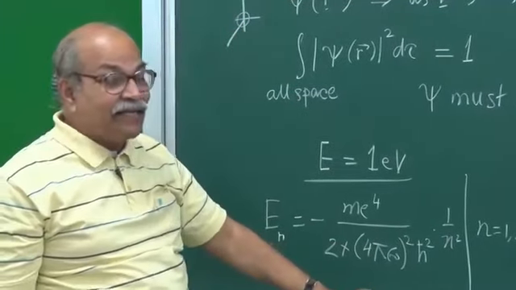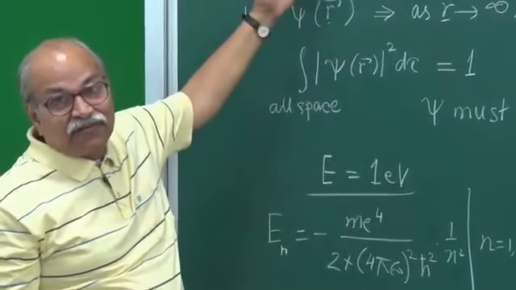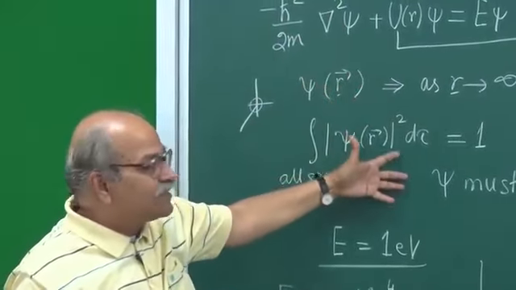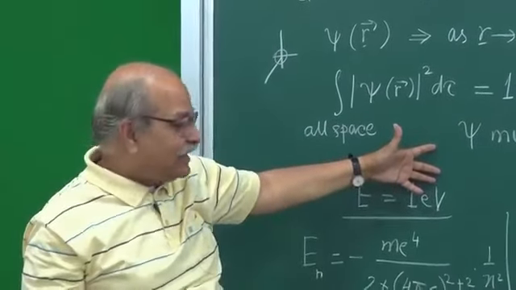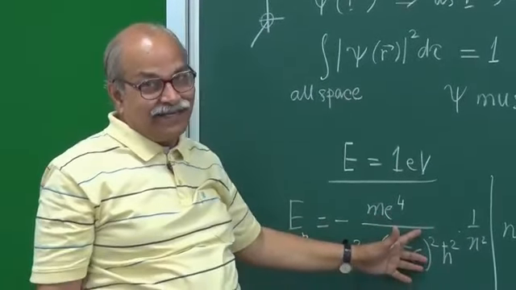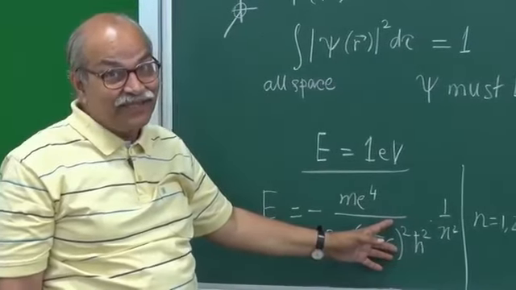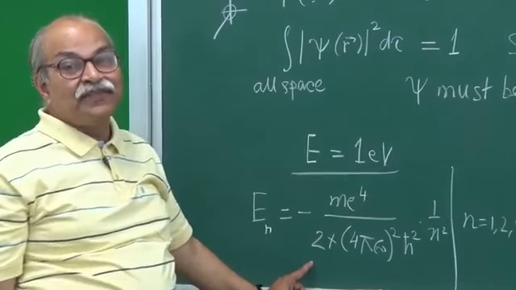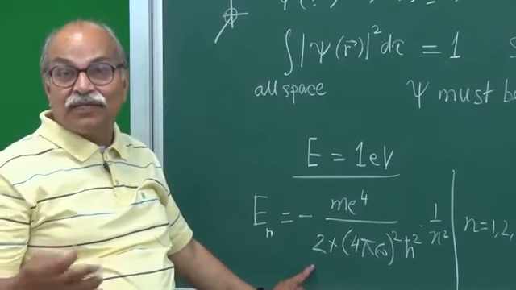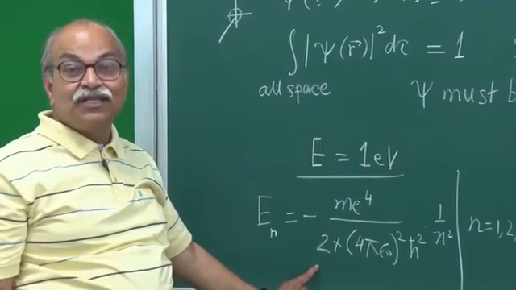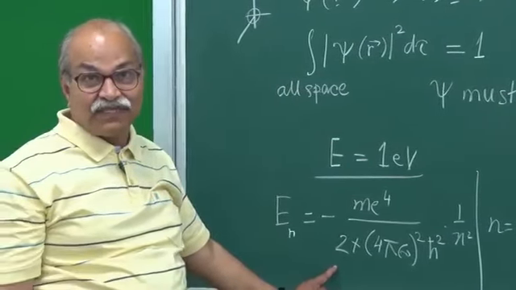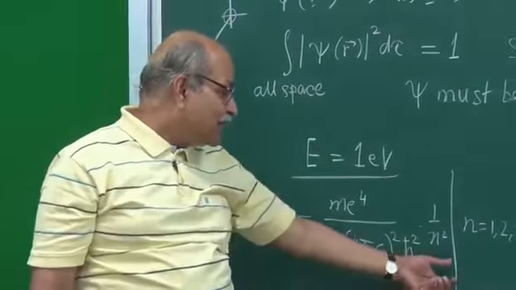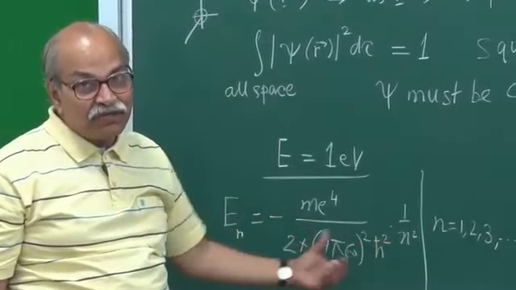If you put anything else, you do not have functional forms psi which satisfy the equation as well as these conditions on psi. So these are the allowed energy states according to the Schrödinger equation. And you remember, this is the same expression that we got from Bohr's circular orbit assumptions, L equal to n h cross. So Bohr's model gave the same expression, and that is why the agreement was so good.